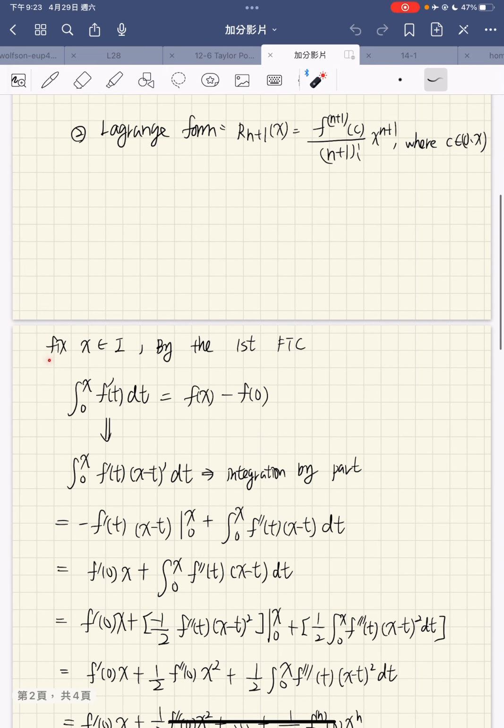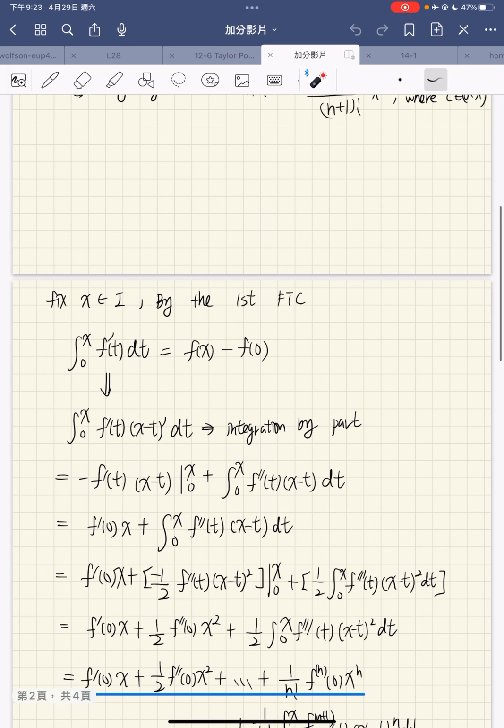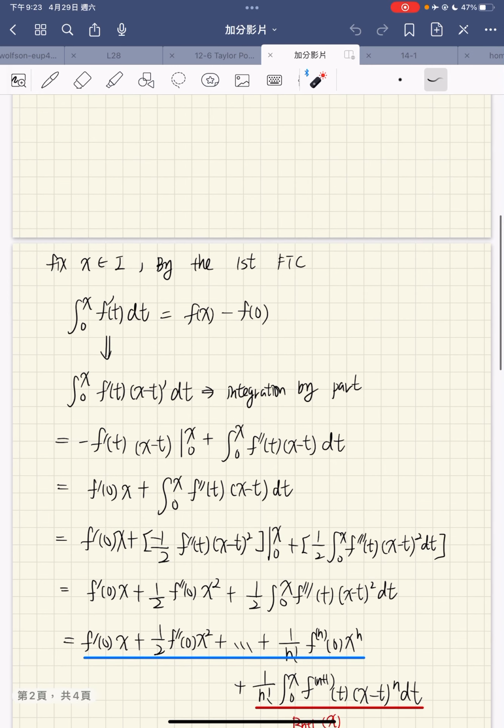We fix x belonging to an interval I, and by the first fundamental theorem of calculus, we get this: the integral from 0 to x of the derivative f prime of t dt is equal to f of x minus f of 0.